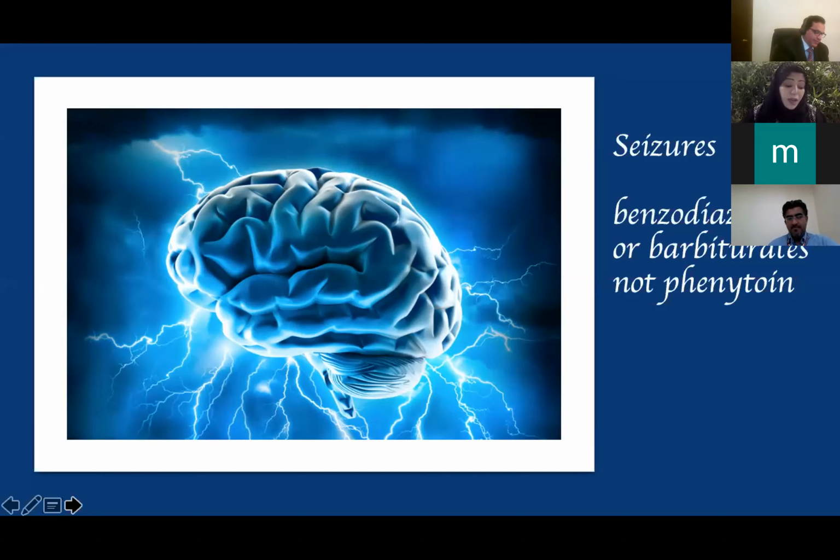Guys, I want to mention that with a seizing or aggressive patient in tox, you should not add another drug to the mix. I would shy away from something like haloperidol, for example, or phenytoin, because most of the drugs, guys, are not clean drugs.